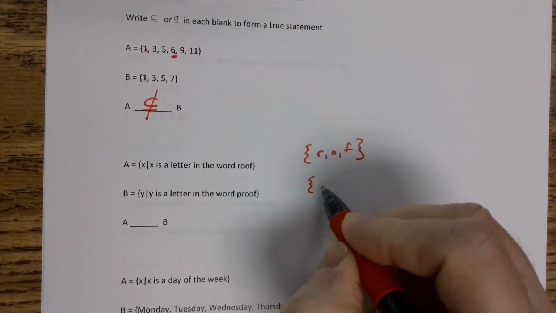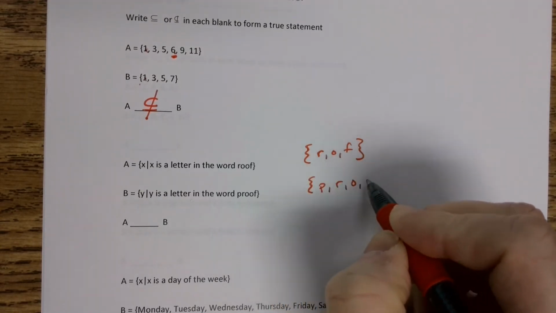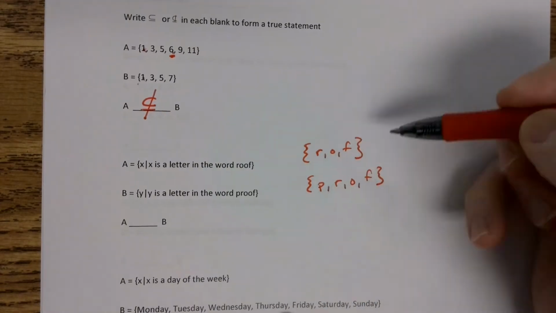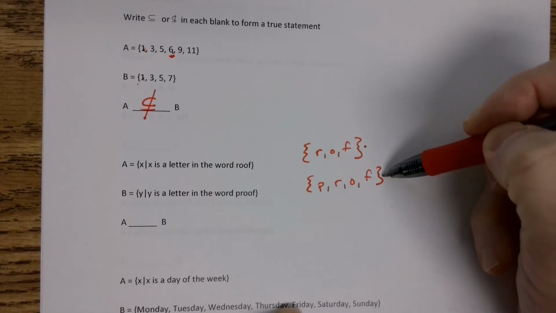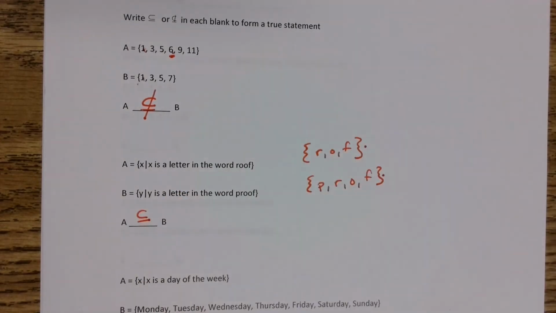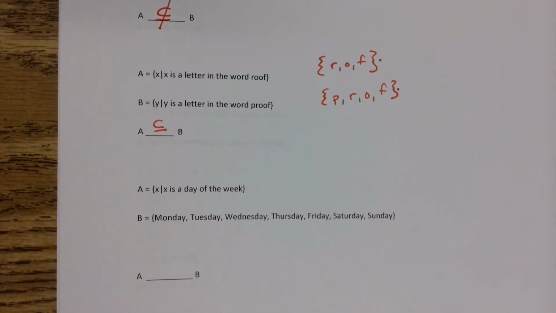So P, R, O, F. And every one of these letters is in this one. So it is a subset. That's it. Piece of cake. So far, easy, right? Easy squeezy.